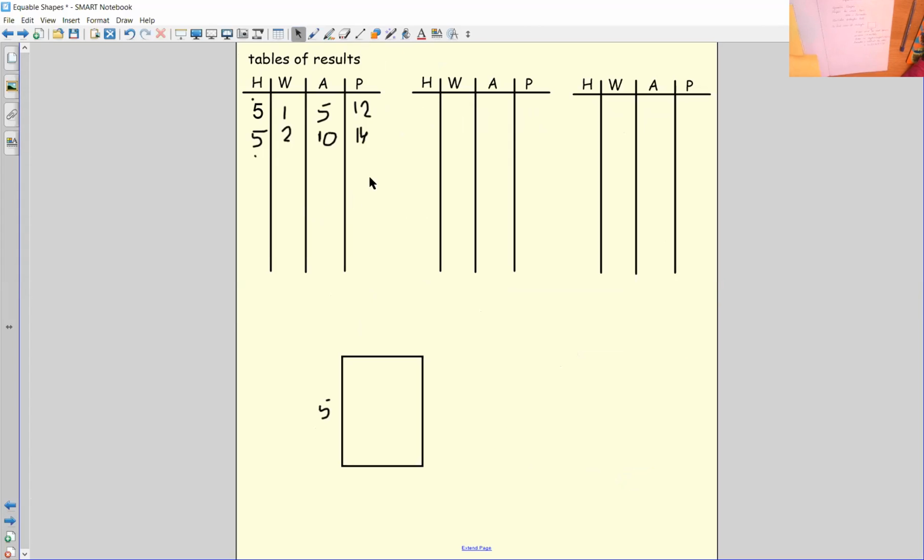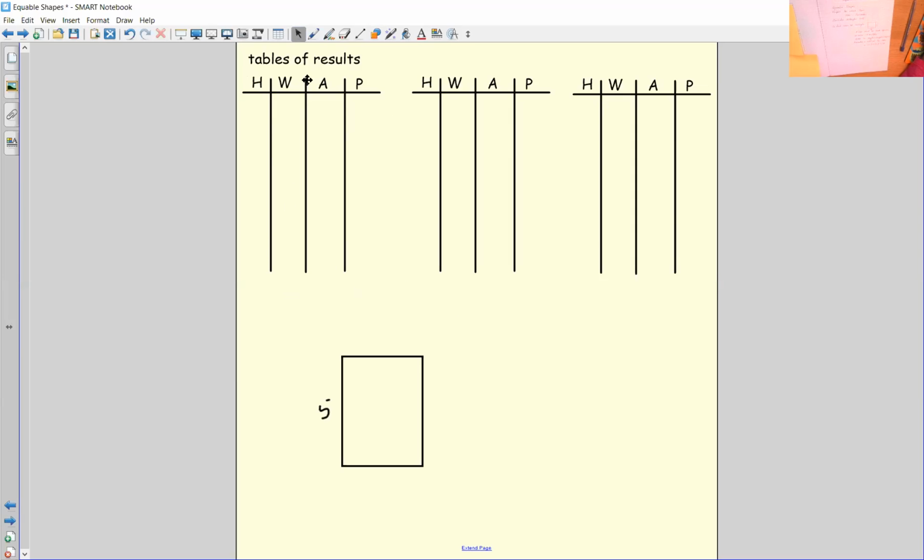So what I would like you to do is something like this, okay? Sorry about this, guys. What I want is for you to create tables like this, okay?